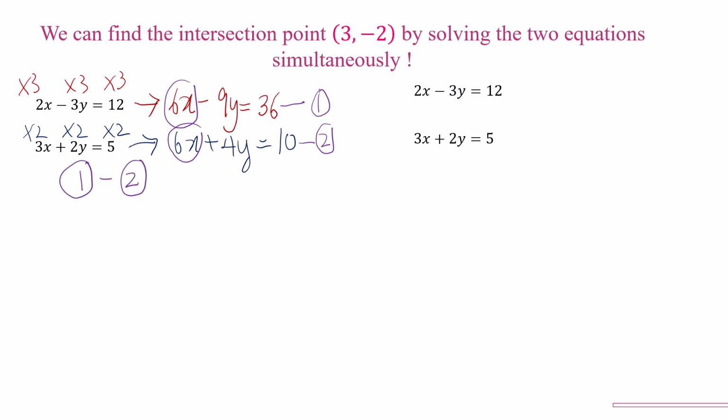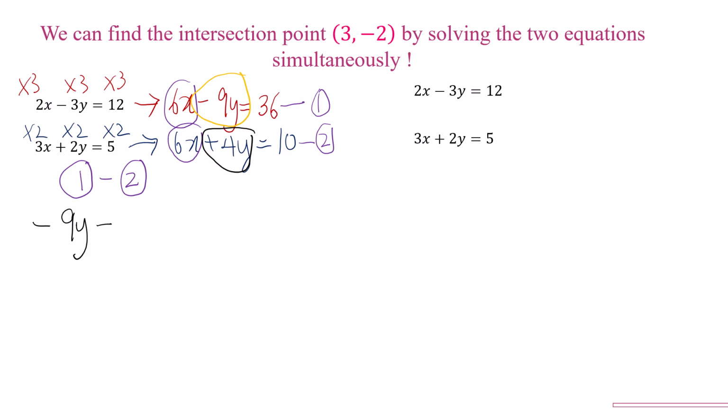Right, so we will have 6x minus 6x, that gives you 0. And then the next term will be negative 9y, so we will use negative 9y take away positive 4y.